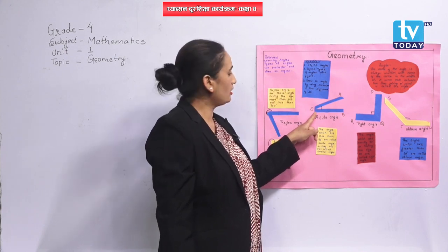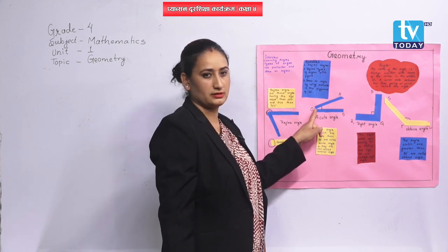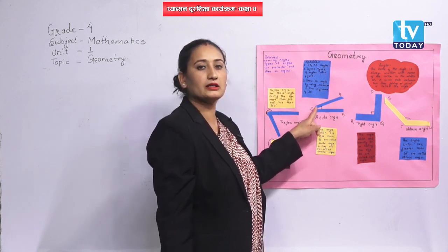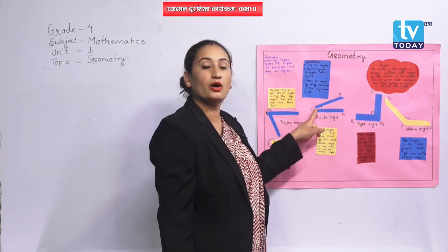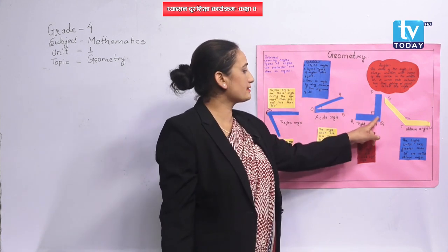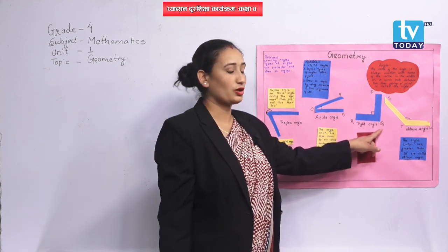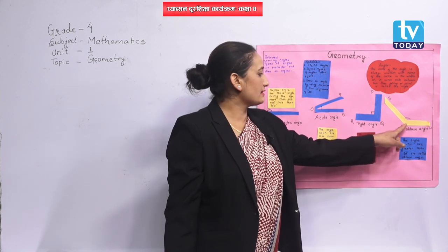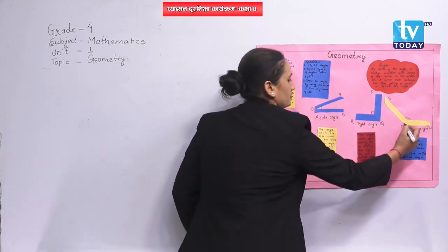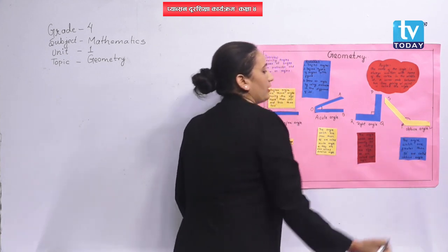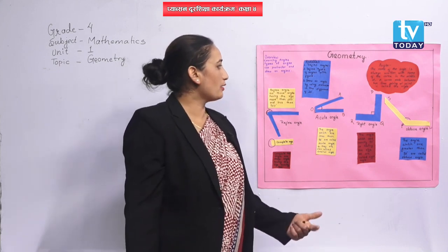Have a look over here. This single point, we call it angle O, and we call this angle Q, and this is called angle P. Do you understand? Good job.